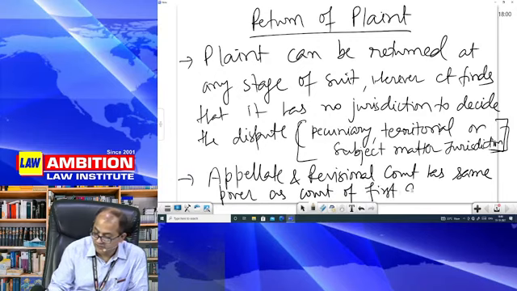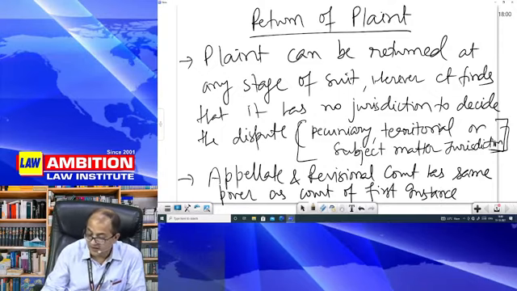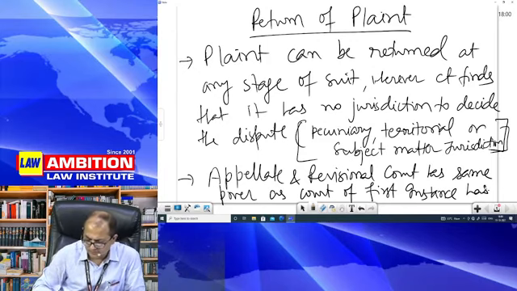First instance means where you went in the first round or first stage. Very simple. This is very clearly explained in the explanation to Rule 10.